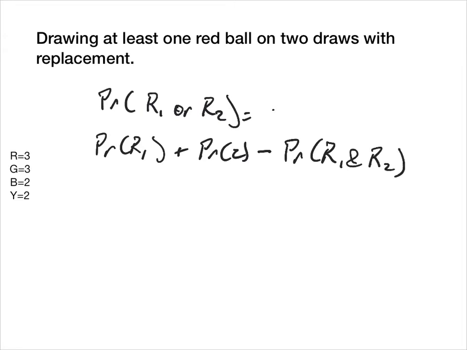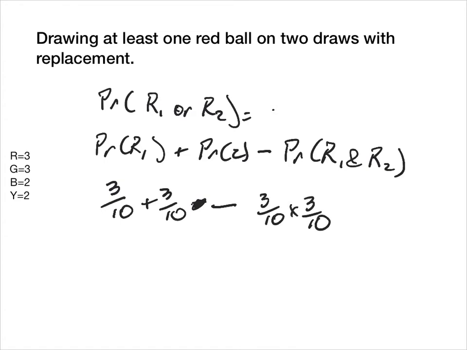Okay, now we have that, and we have to ask, are those dependent or independent? Well, it's with replacement, so they are independent events, which means we can just multiply those. So this is going to come out to be 3 over 10 plus 3 over 10, or no, I'm sorry, subtract, right? 3 over 10 times 3 over 10.